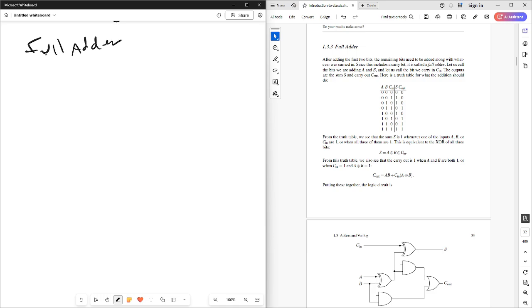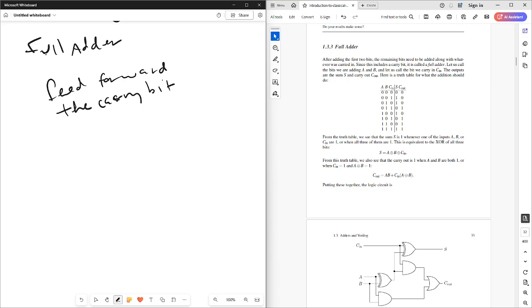The full adder is where we feed forward the carry bit. So we feed forward the carry bit into the full adder.